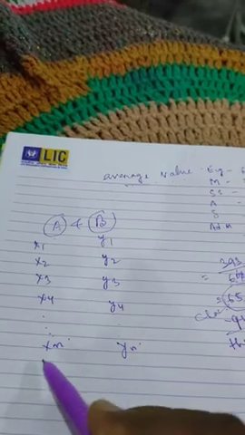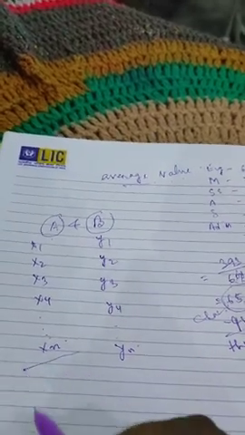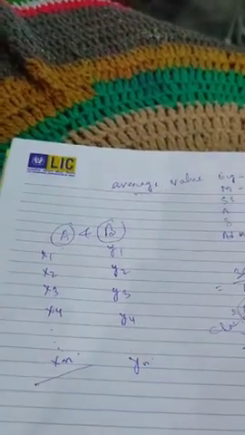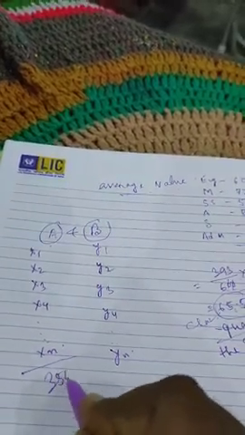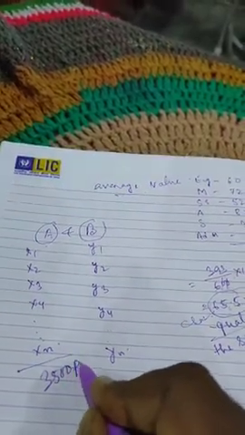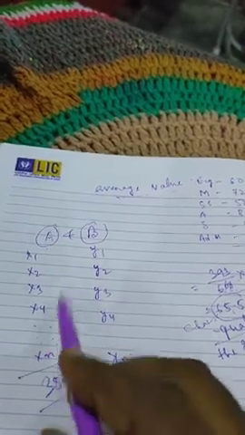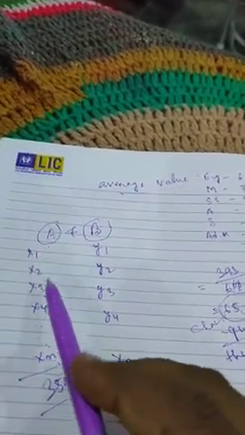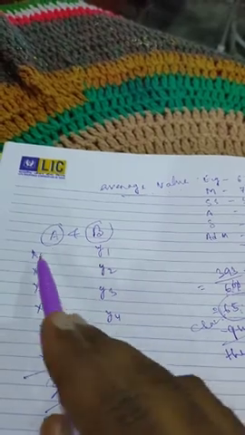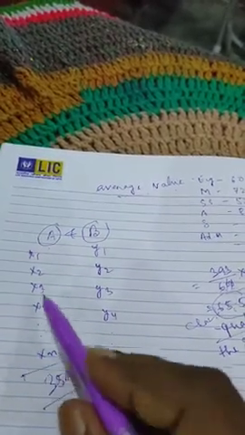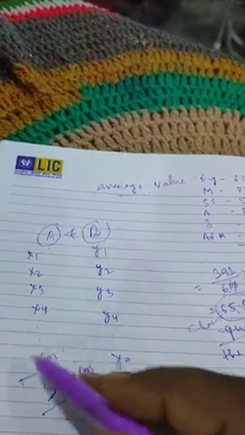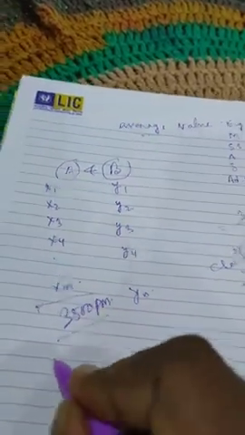Suppose in factory A, the average salary earned by the workers is 3,500 per month. Although these workers get different salaries from the owner, if we sum all the salaries earned by the workers, how can we do it?